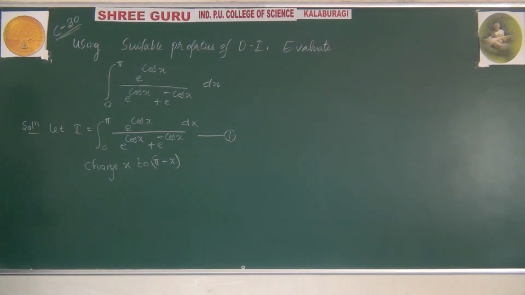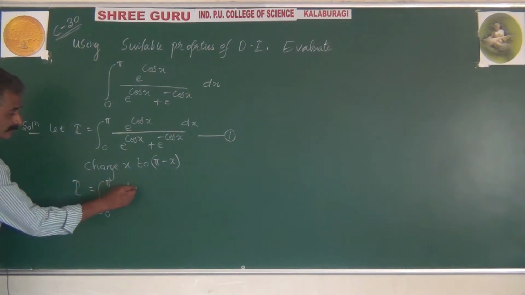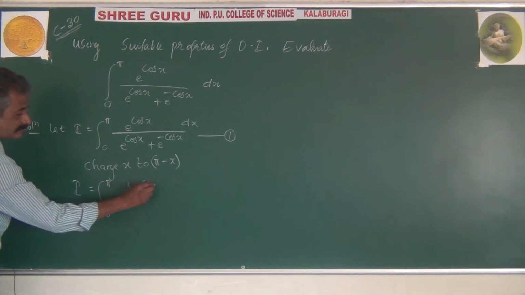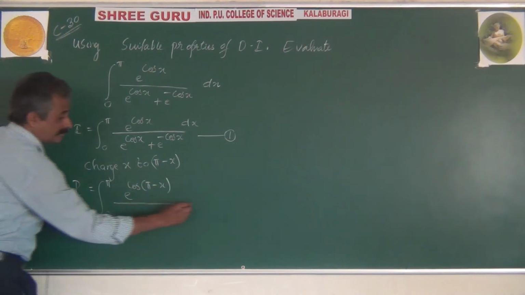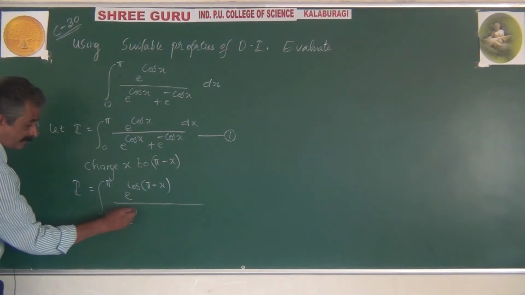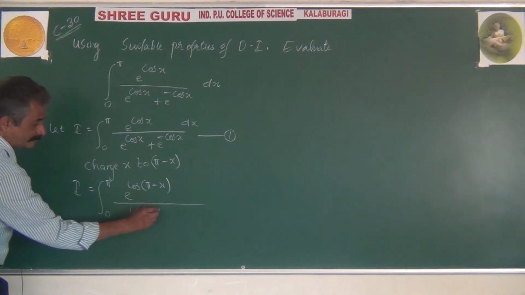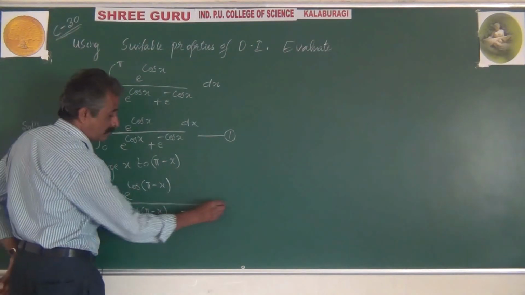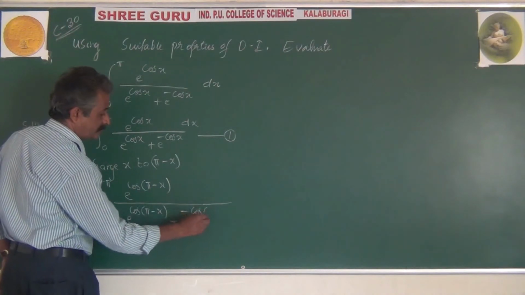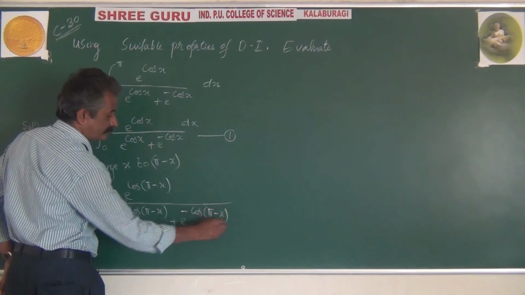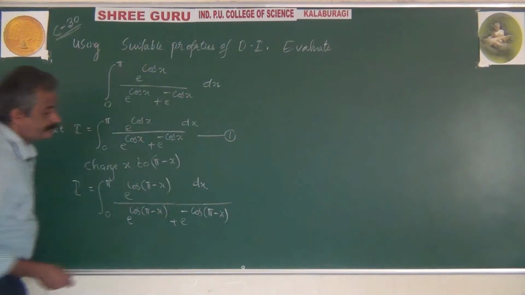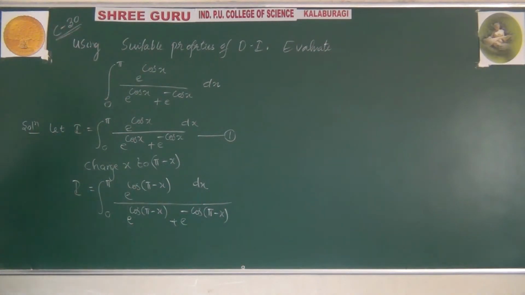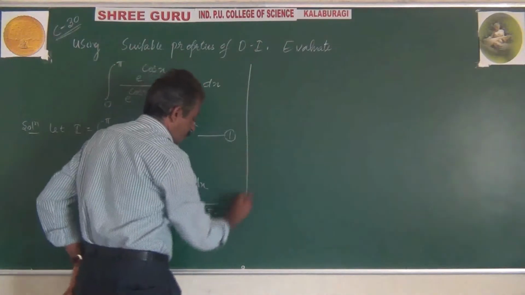In function 1, I becomes integration 0 to pi e to the power of cos of pi minus x divided by e raised to cos of pi minus x plus e raised to minus of cos of pi minus x. Let's apply allied angle formulas.